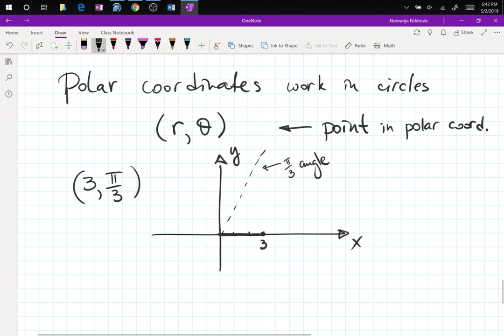Then you take a compass. You put one end here, and then you draw the arc of length 3 and intersect the angle, and the point you get is going to be your 3, pi over 3. So the way polar coordinates work is you draw the radius, then swing the angle positive or negative.